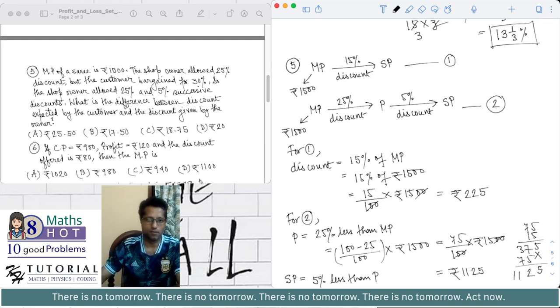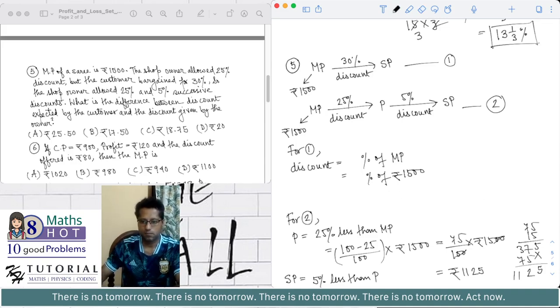For scenario 1, it will be the case where the customer is expecting a 30% discount. So this will be 30%.